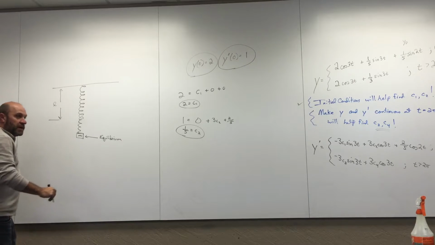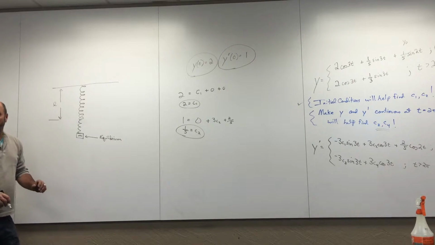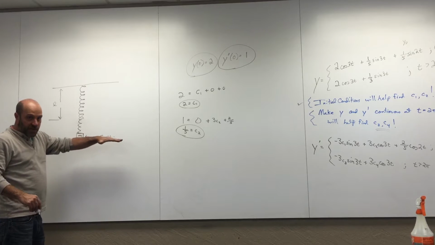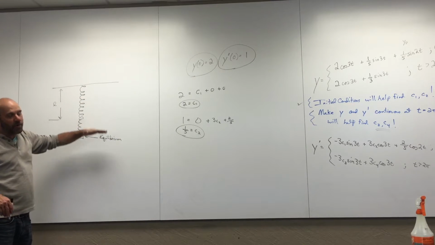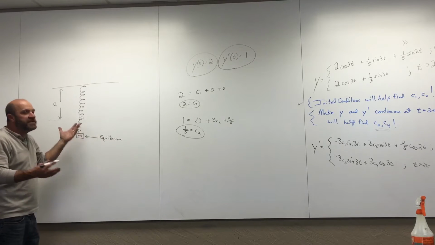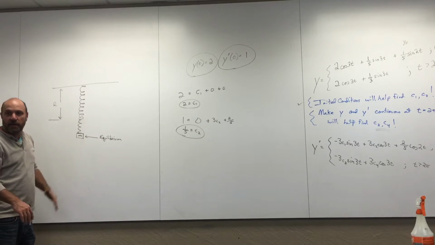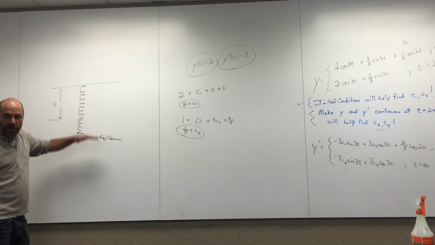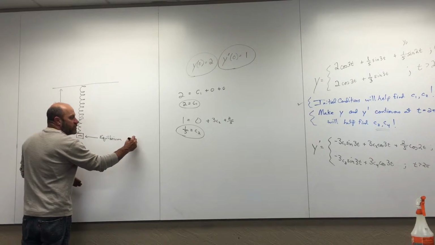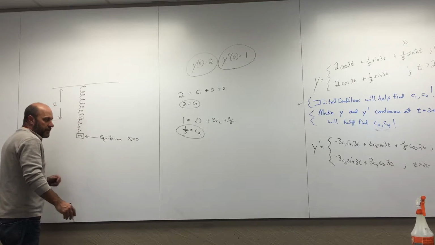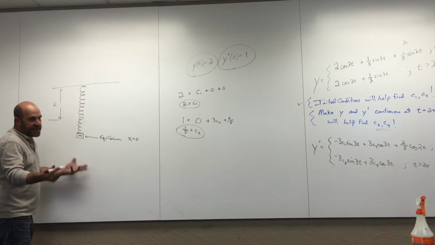This is funny again, you guys. We're going to call equilibrium 0. I know we're working vertically here, but the book, instead of y, uses x for position. So we're going to call this x equals 0, and we're going to write x as a function of time.